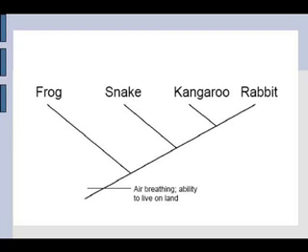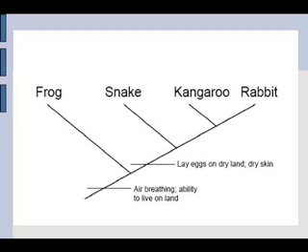Snakes, kangaroos, and rabbits all have dry skin, as frogs have wet skin. And snakes, kangaroos, and rabbits give birth on land, as frogs give birth in ponds or lakes. So now, let's place our 2 characteristics on our branching diagram.